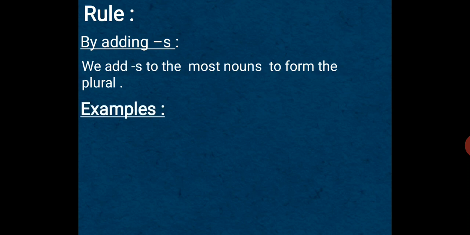Let's see some examples. Singular and plural means one and many. A boy. One thing to just remember is that whenever you represent the noun as one, you have to mention a or an before the noun. Here I have written a before boy, means boy is only one.